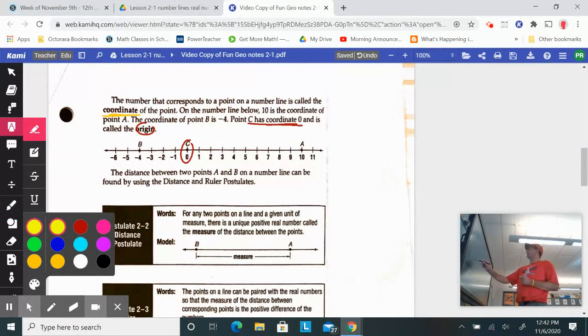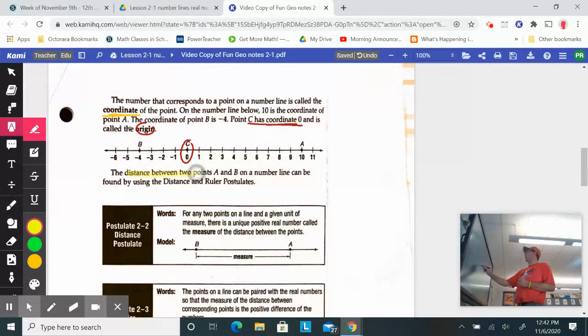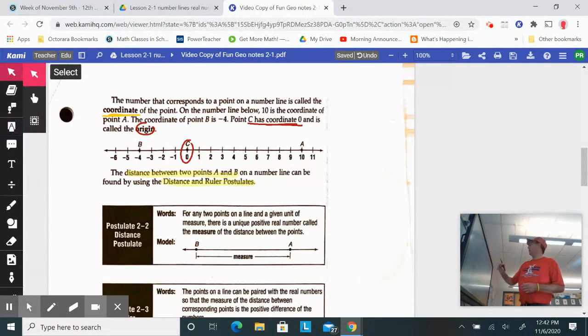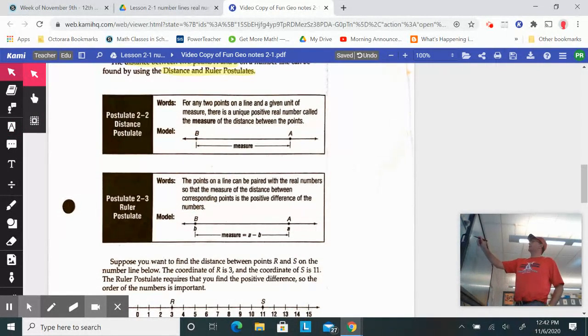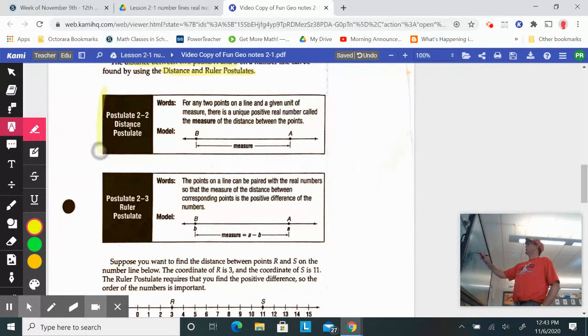Then we move on to the next sentence. It says the distance between 2 points A and B on a number line can be found by using the distance and ruler postulates. What are those? Let's take a look. The distance postulate says this in this box right here.